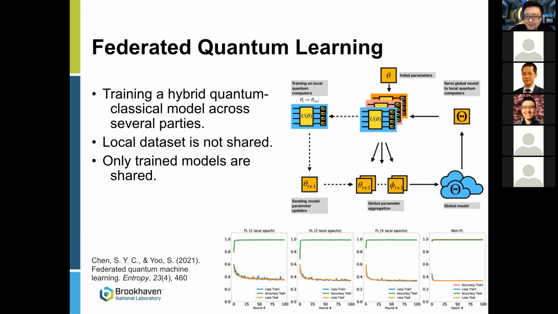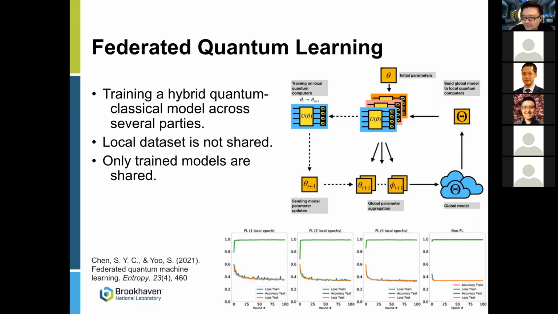So we also want to study whether these privacy aspects can be considered in quantum learning. Here we provide a hybrid quantum-classical model, which can be trained distributed across many different parties. In this framework, the local dataset is not shared. Only the trained models are shared, aggregated, and distributed to these parties.